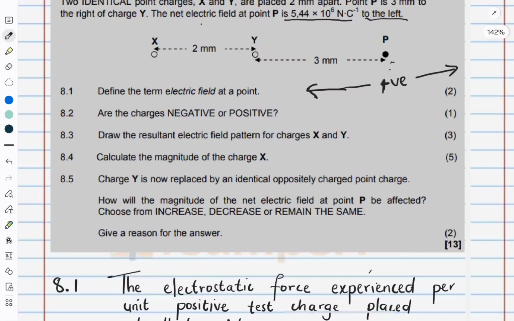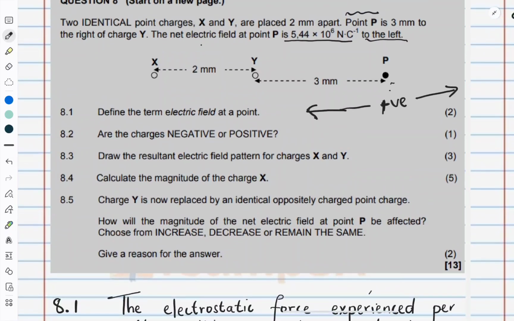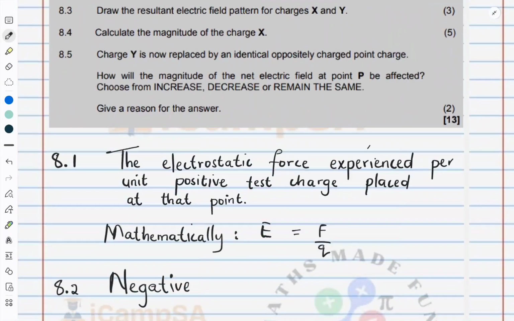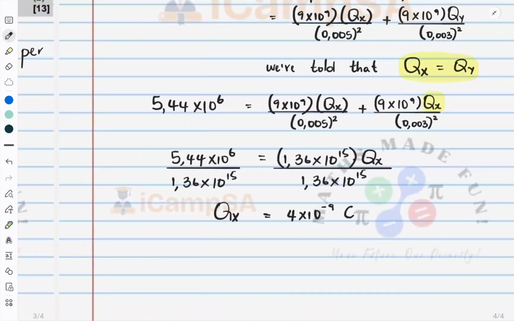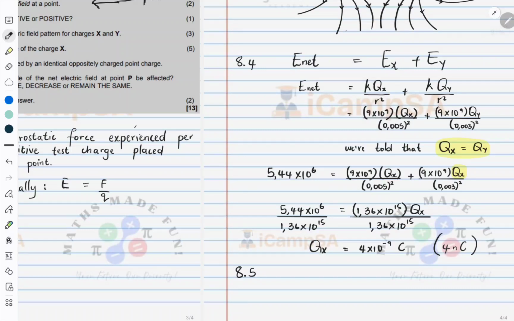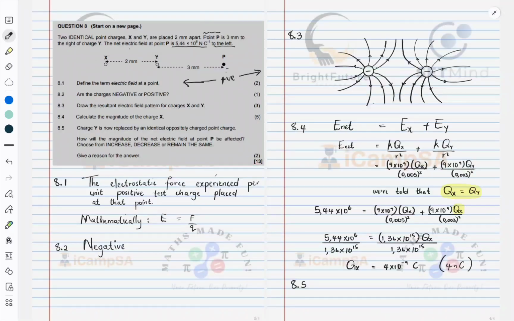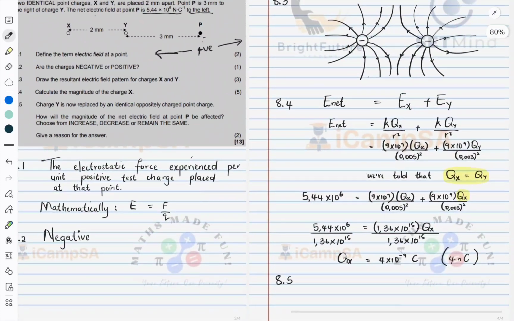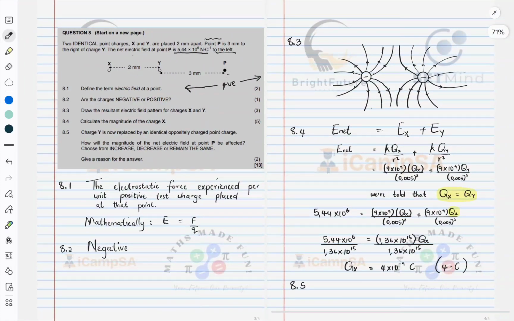All right, so let us go to 8.5. Charge has no direction, so you don't have to worry about that. Charge y is now replaced by an identical oppositely charged point charge.